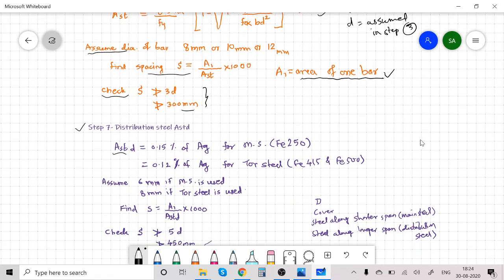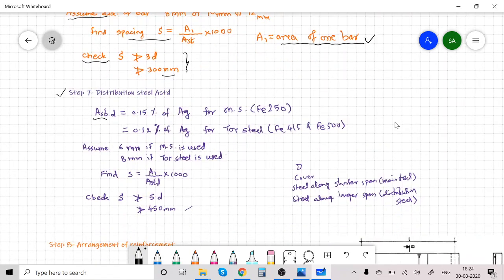Then in step number 7, find the distribution steel. Area of distribution steel is say ASTD. ASTD is 0.15% of A gross. A gross you will consider as B into D. B is 1000, remember, and D that is calculated in step number 3, capital D. You will consider here the overall depth, not the small d, effective depth.